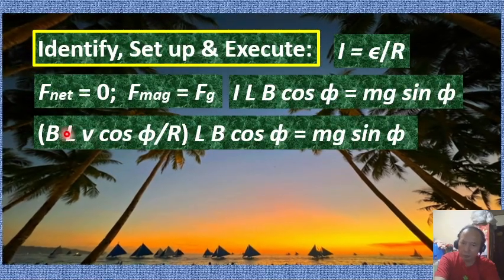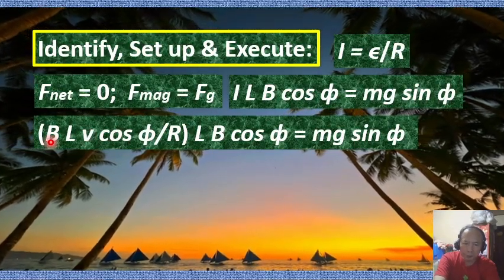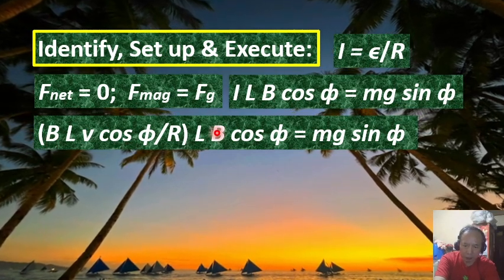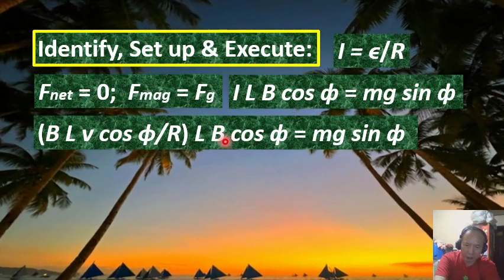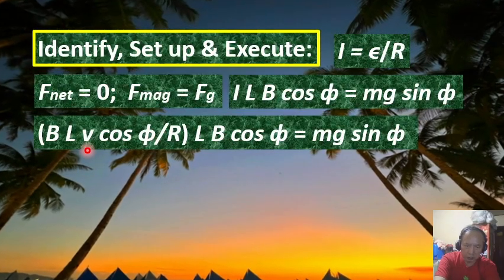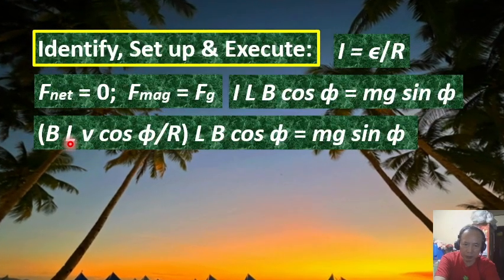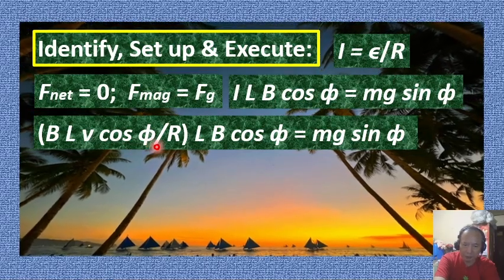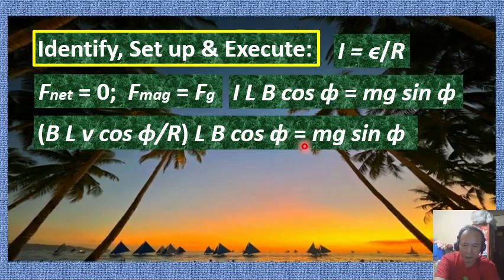And the magnetic field here can be multiplied by another magnetic field, B. Likewise, the same thing for the length, capital L, and the cosine of the angle phi.